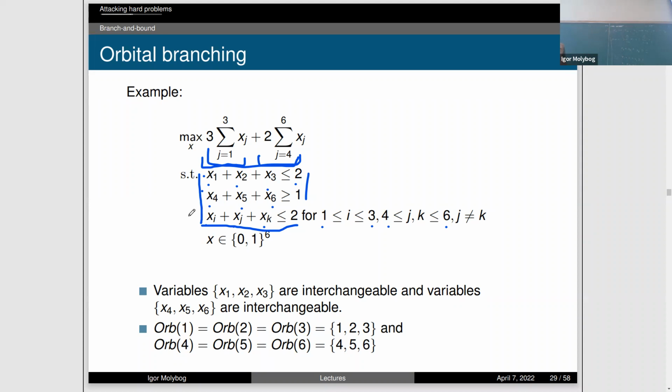Right? And then if we solve this problem, we will get a vector x1, x2, x3, x4, x5, x6, which is going to be x star. So this is the solution, X star is equal to this thing, and then we can use the same permutation, or actually the inverse permutation.